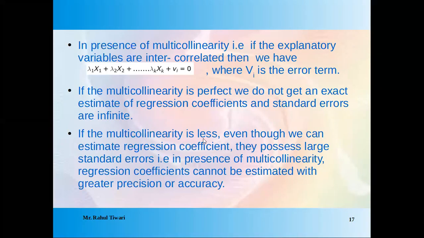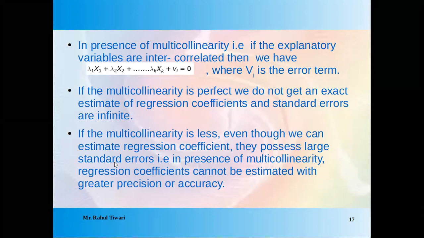If the multicollinearity is less, we can still estimate the regression coefficients, but they possess large standard errors. So in the presence of multicollinearity, regression coefficients cannot be estimated with greater precision.